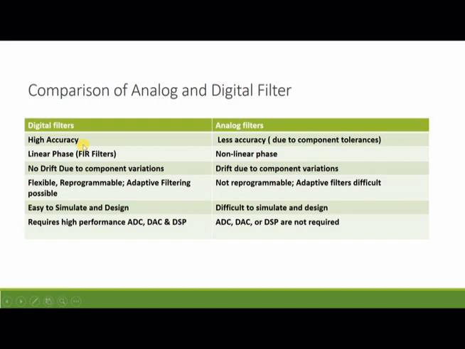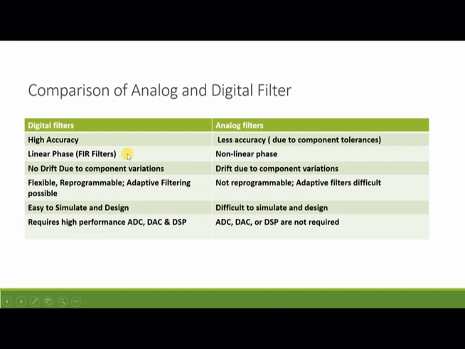Such is not the case with digital filters. So there is no drift due to component variations in digital filters, whereas drift due to component variations is quite expected in case of analog filters.